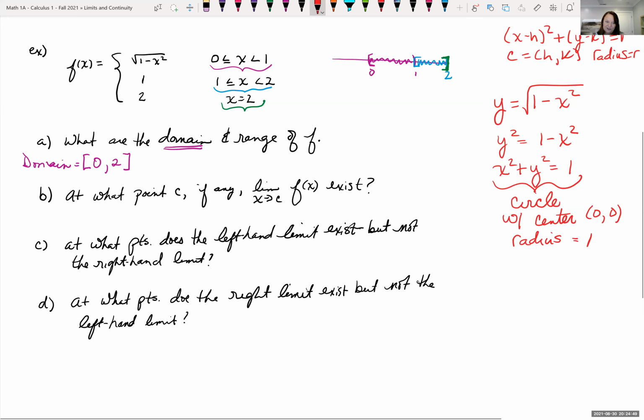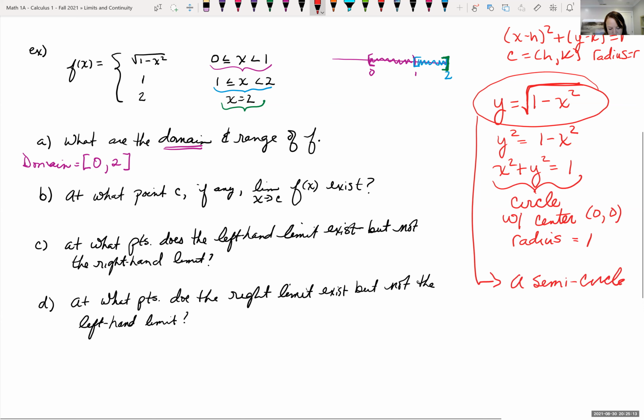So our radius, the square root of 1, is 1. Then notice though that this is just the positive square root. So what we are actually looking at is just a semicircle. And again, the y values we're always going to get back are positive.